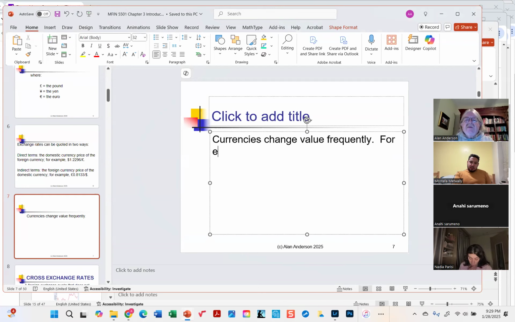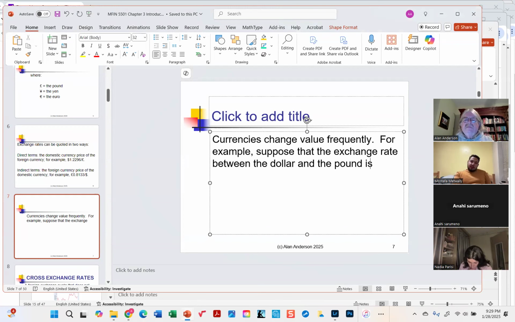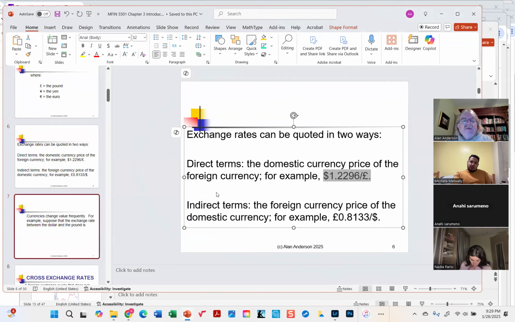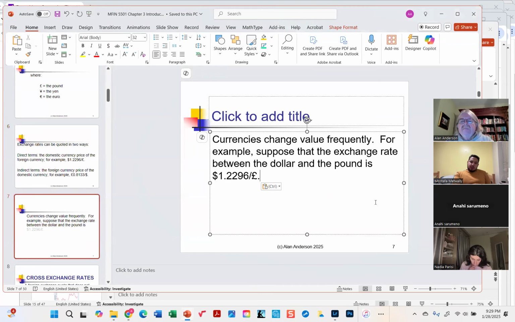And so, for example, suppose that the exchange rate between the dollar and the pound, all right, we'll use the same number. Now, here's the big question.